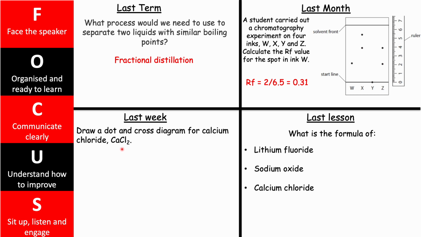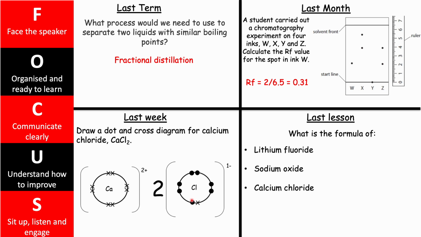Chlorine is in group 7, so it has 7 electrons in the outer shell, so it gains 1 electron to get a full outer shell, so chloride forms an ion with a -1 charge. The problem is, calcium is trying to lose 2 electrons, and chlorine only needs to gain 1. Therefore, I need 2 lots of the chloride ion.